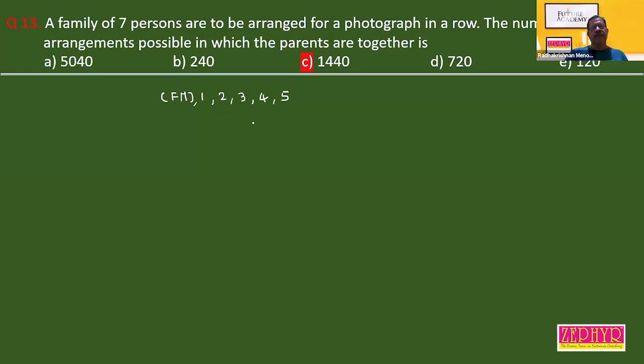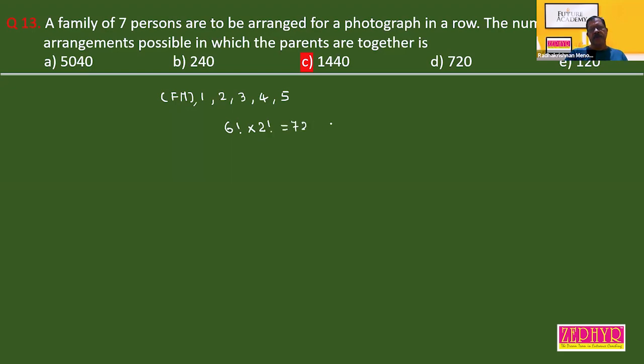Now you have to consider 6 different units. They can be arranged in 6 factorial ways, into father and mother themselves can be arranged by using the fundamental principle of counting. All these can be arranged in 6 factorial ways, and father and mother themselves can be arranged in 2 factorial ways.